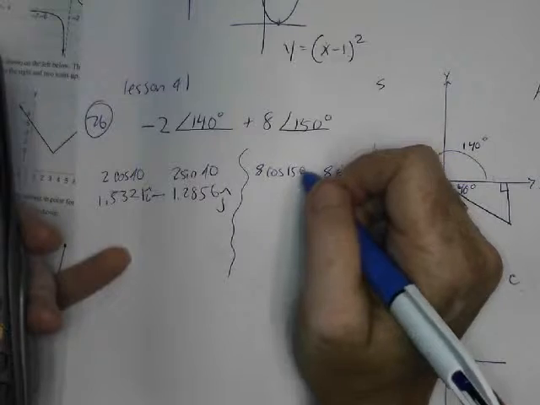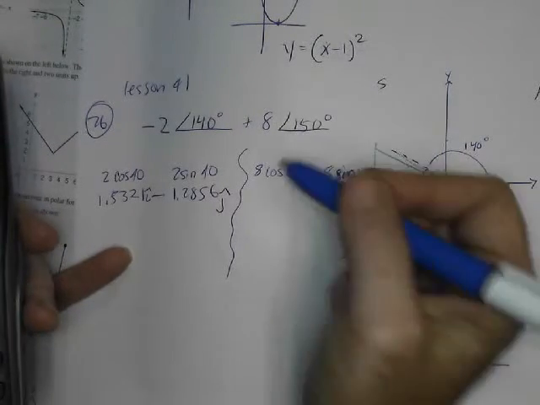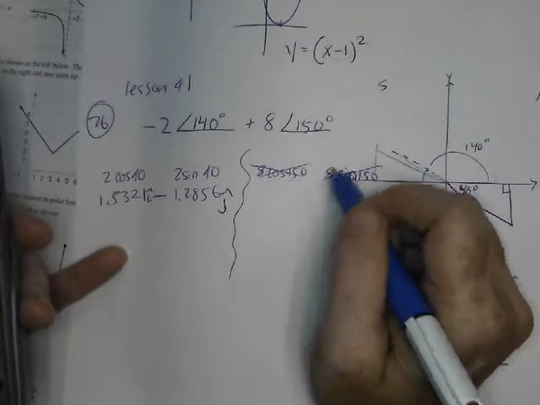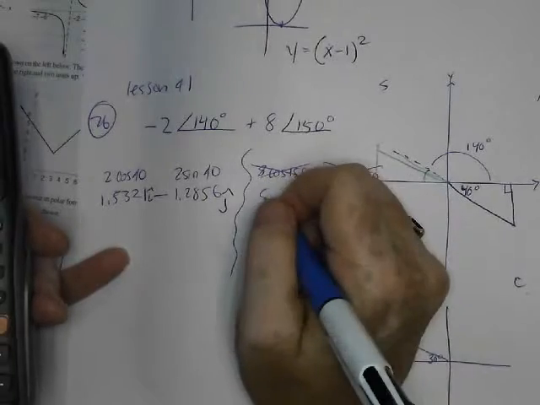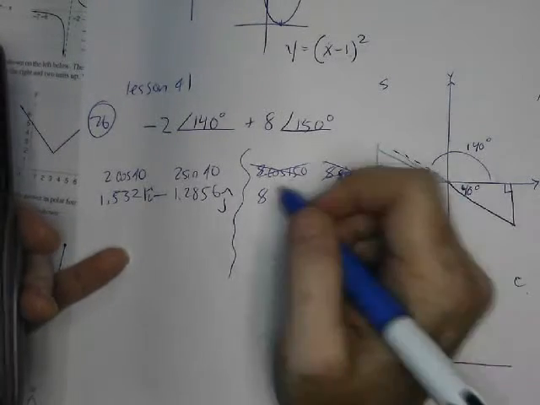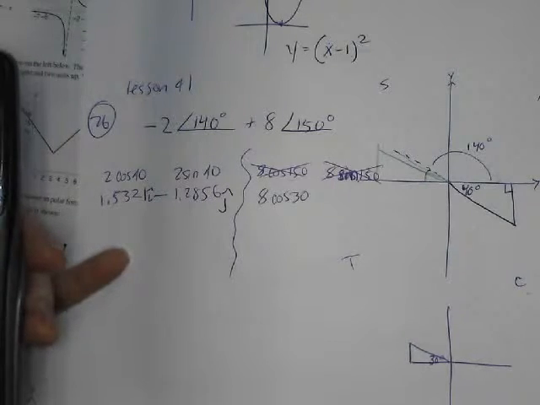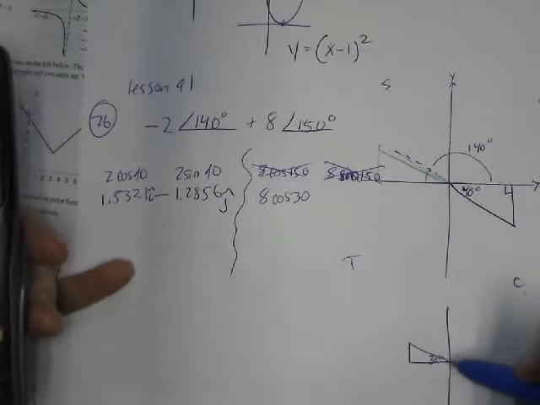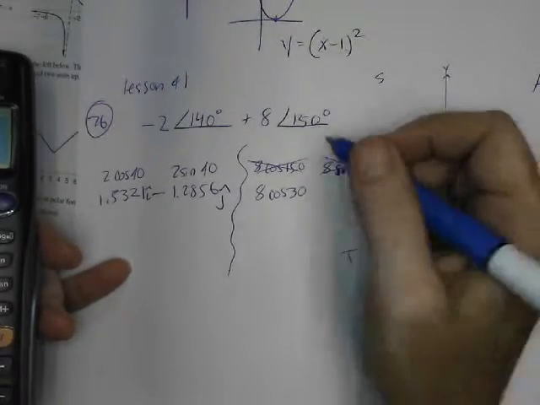But your calculator does probably know this, and if you want to check that on your calculator, you might not need to go through all this drawing of all these angles. Because if I were totally sure that my calculator wasn't going to screw me up, I probably wouldn't draw all this stuff anymore.